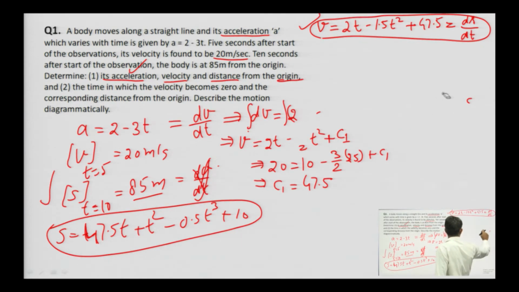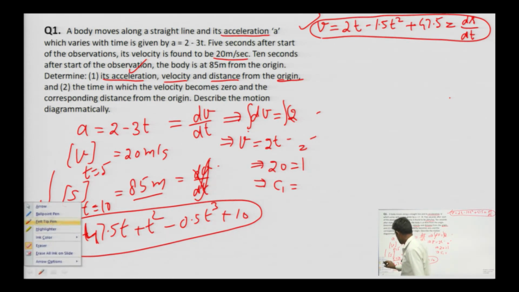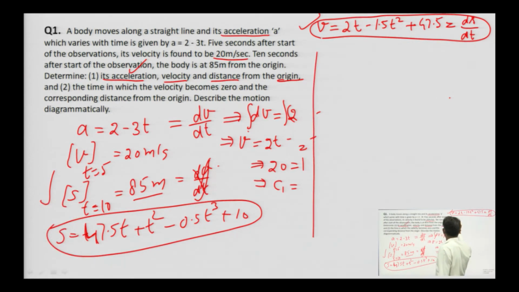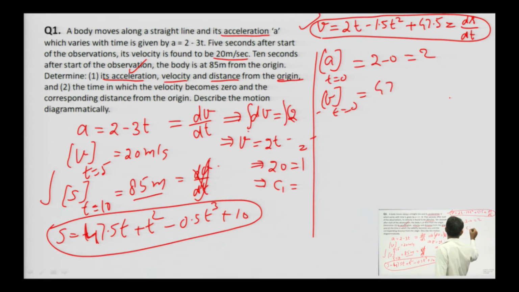So, acceleration at t equal to 0 is 2 minus 0, which is equal to 2 meter per second square. Velocity at t equal to 0 is 47.5 meter per second.